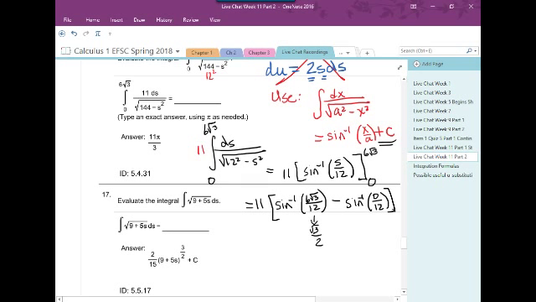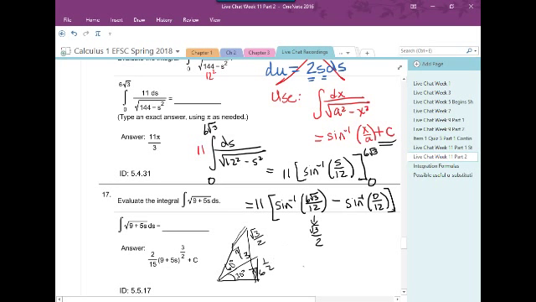60 degrees has the bigger sine, because this is the way I remember it. Here's the x-axis, here's 30 degrees, here's 60 degrees, pi over 6 and pi over 3. The sine correlates to the y value, so this one has the bigger y value, root 3 over 2 on the unit circle, and this one has the smaller, 1/2.